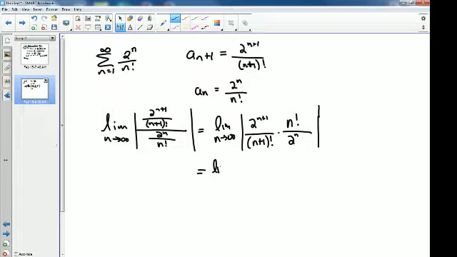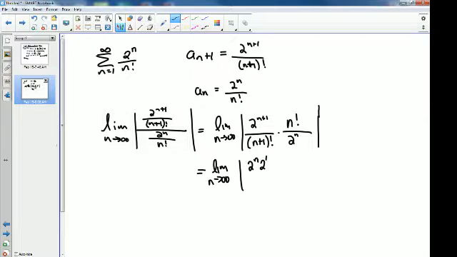Always carry your limit. Okay, this here is 2 to the n and 2 to the first. Remember that property of powers? If these are added in the exponent, you can split with the same base and multiply.